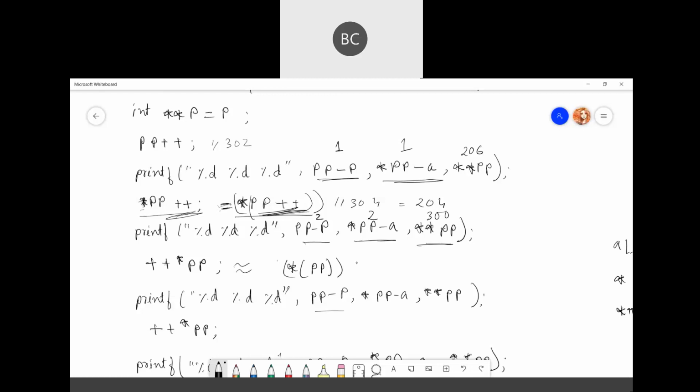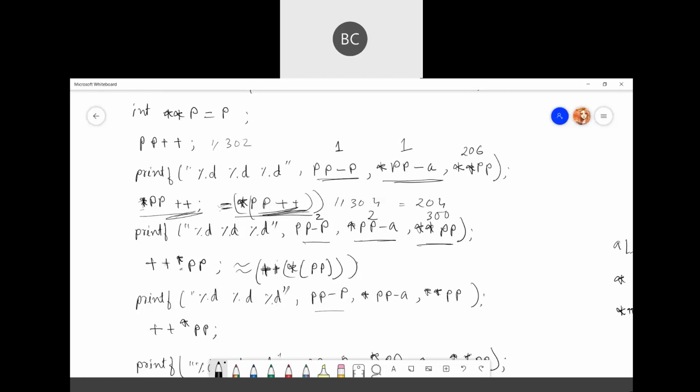Then you will apply the double pointer, and then increment the value. So first you find the value the pointer points to, then you increment the value.